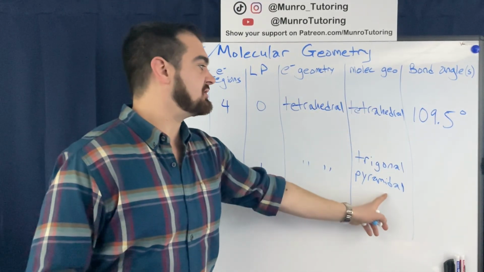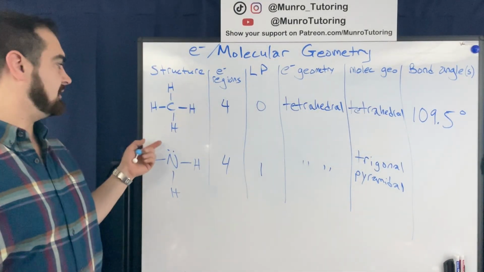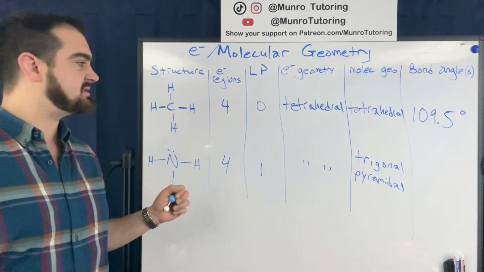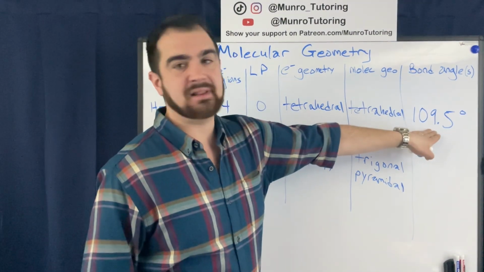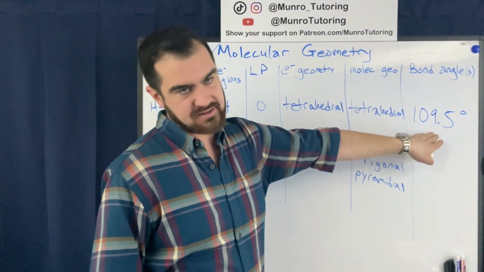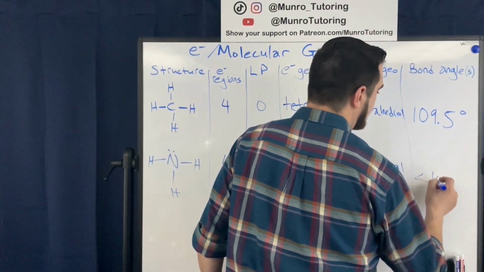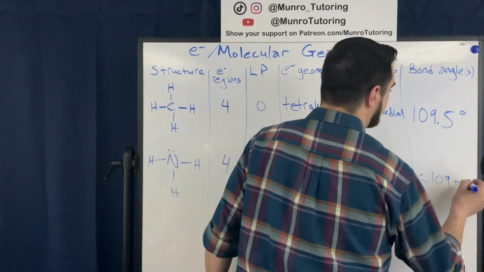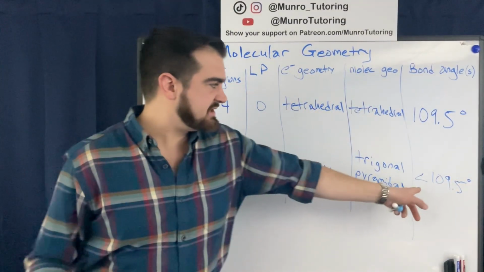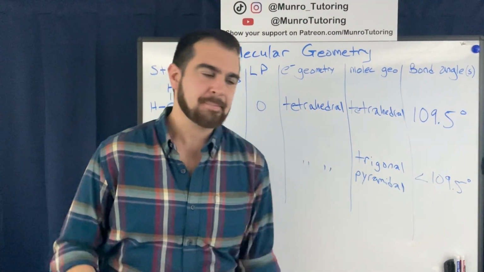Molecular geometry is trigonal pyramidal if we have a lone pair replacing one of the atoms. And the bond angle is going to be a little bit less than the pure tetrahedral bond angle. So I'm just going to write less than 109.5 degrees. And of course, this is just the less than symbol.